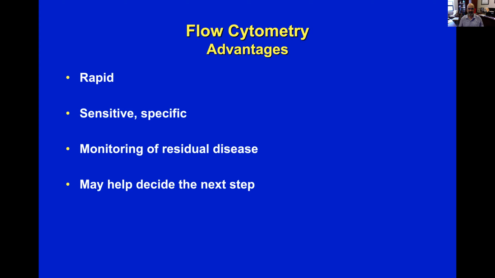But where you can find aberrancies and patterns, flow cytometry remains a very powerful tool for finding residual disease. And sometimes flow cytometry may be your first clue to determine some line of investigation that you may not have thought about, be it some type of genetic test, cytogenetic study, that sort of thing.